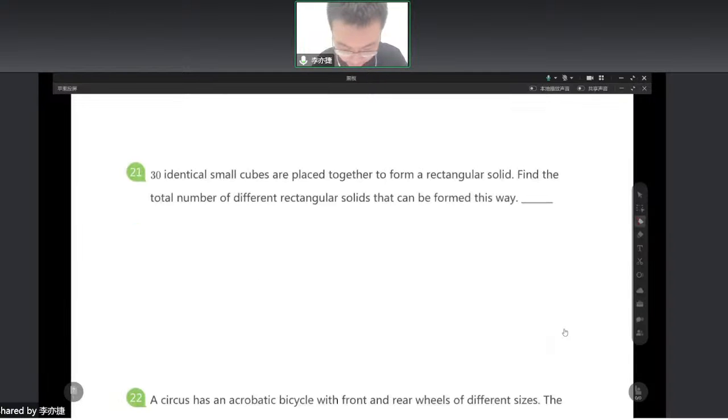From rectangular solids, find the total number of different rectangular solids that can be formed this way. So this is something like A times B times C equal to 30. And we should enumerate how many different values for A, B, C there are. So maybe it's something about enumeration. Let's do it in order because it's easy to make mistakes.